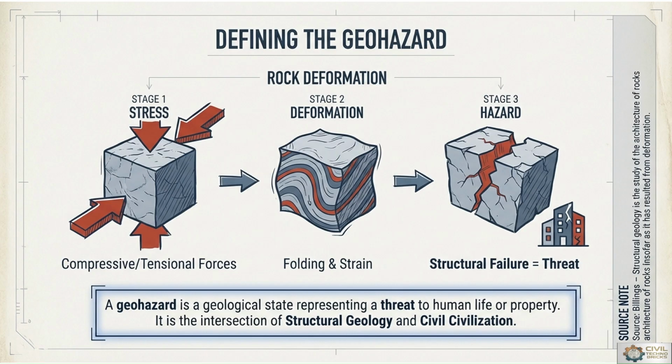So the three stages shown in the slides, stress, deformation and hazard formation, discuss how compressive and tension forces act on rocks within the earth's crust. Then the continuous stress leads to folding, strain and deformation in the rock structure in the middle, and at the last, it describes how excessive deformation finally results in structural failure and geological hazards.